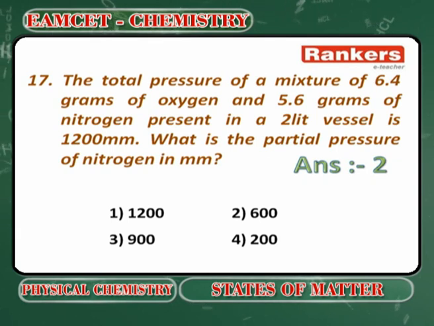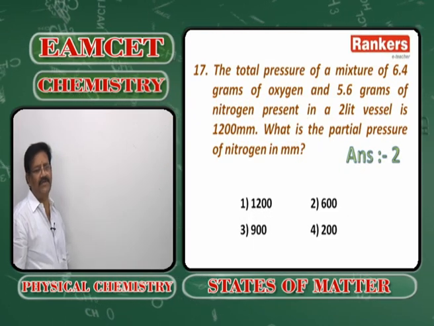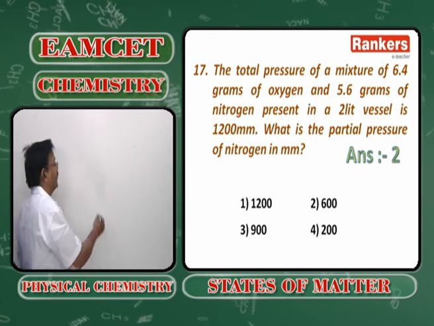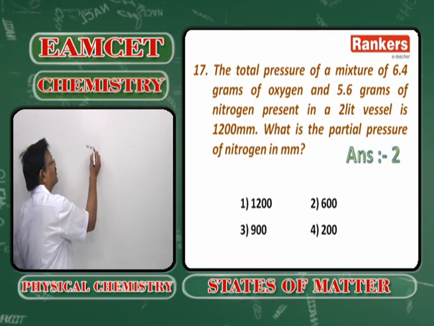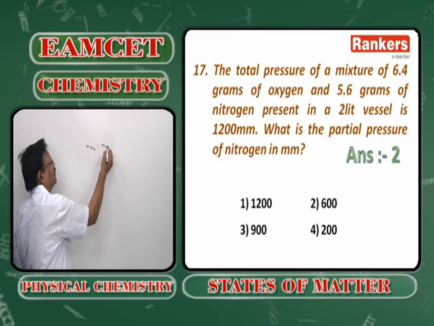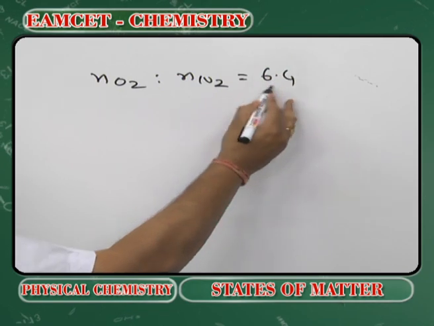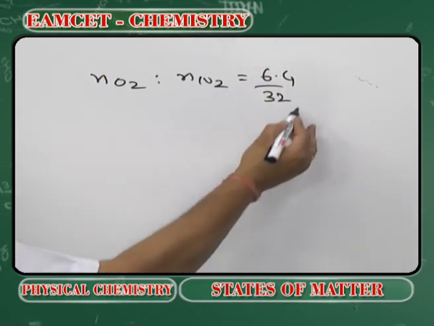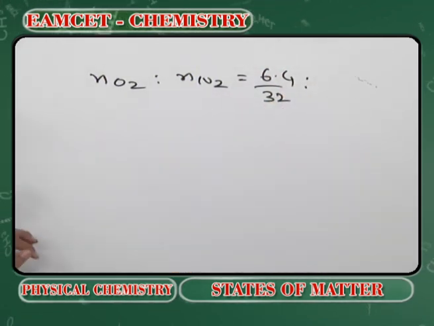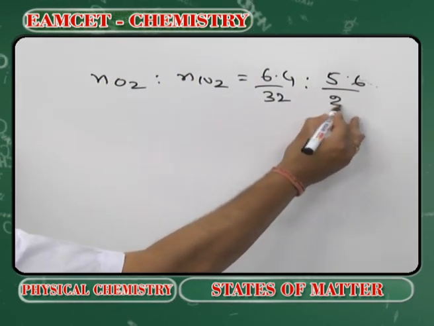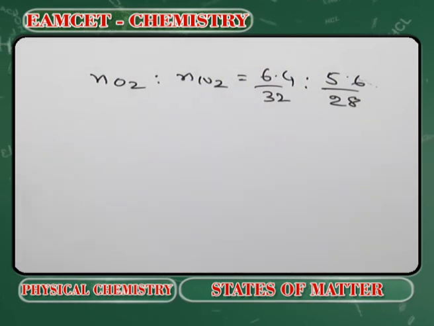To get the partial pressure, we need mole fraction into total pressure. First find the ratio of the number of moles. Number of moles of oxygen to number of moles of nitrogen: 6.4 by 32 to 5.6 by 28.